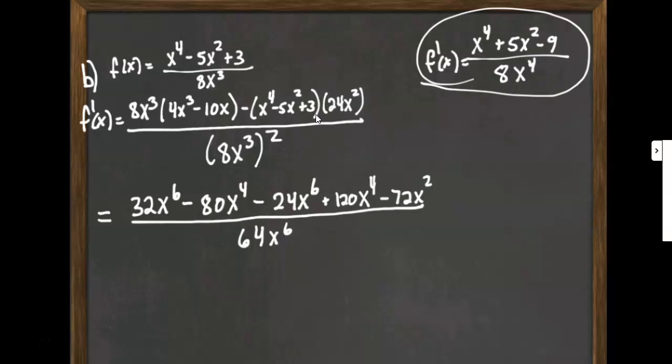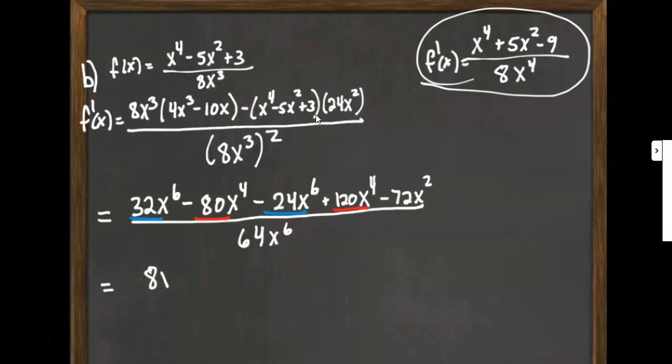And now we just want to go through and finish this problem off by simplifying. So 32x to the sixth, we can match up with the 24x to the sixth. Those are like terms. We have the 80x to the fourth and the 120x to the fourth, which are also like terms. And then the 72x squared doesn't have a like term.